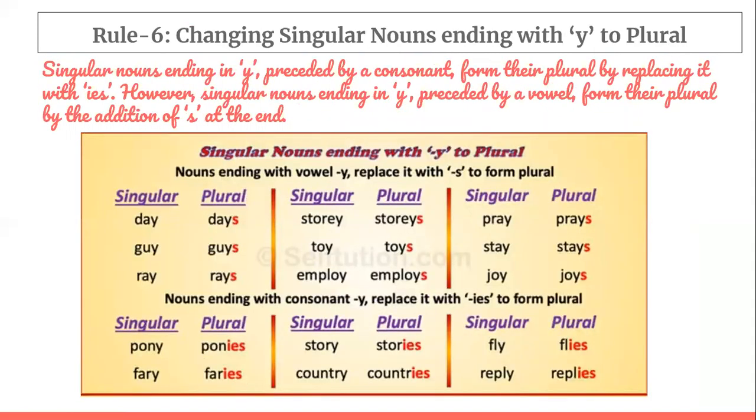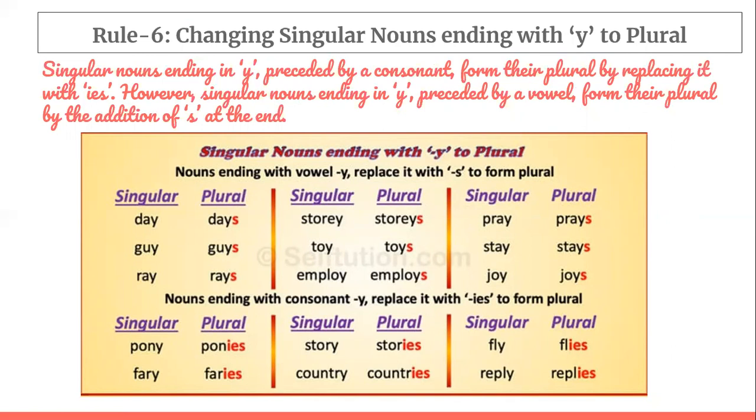Next rule is changing a singular noun ending with a y to plural. For this, what you have to do is look at the word before the y. So the singular nouns that end in y, but are preceded by a consonant, form their plural by replacing it with, I repeat, replacing it with ies.